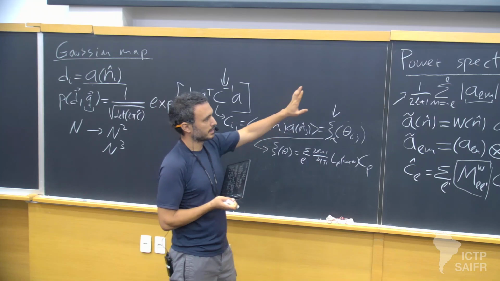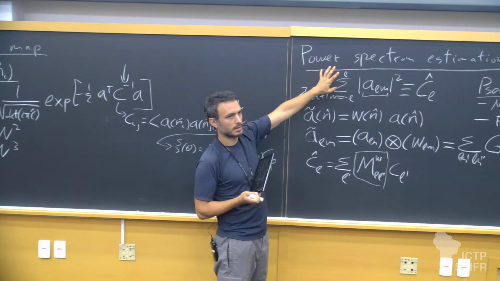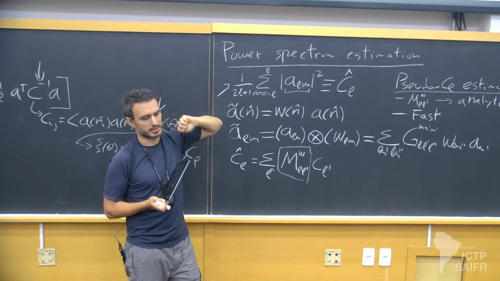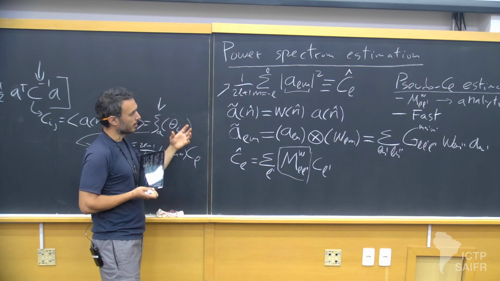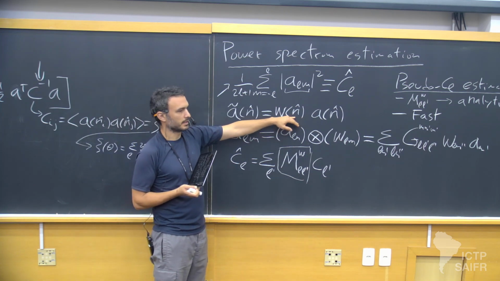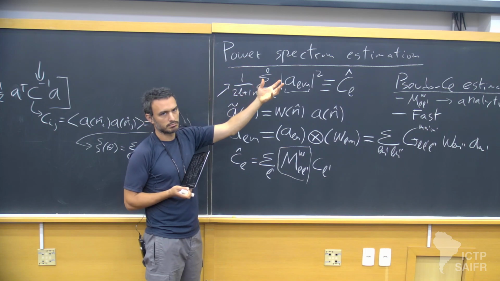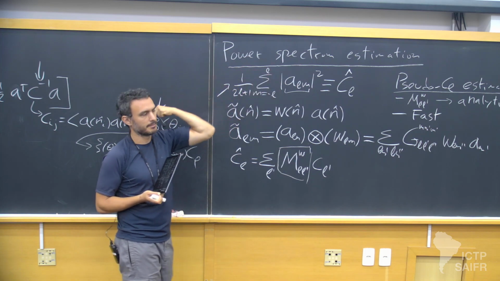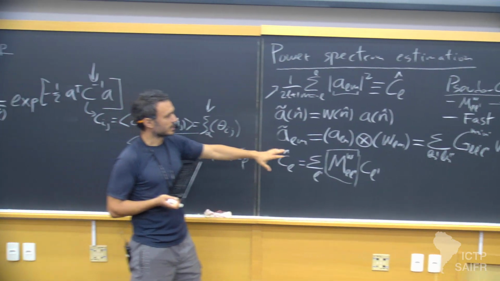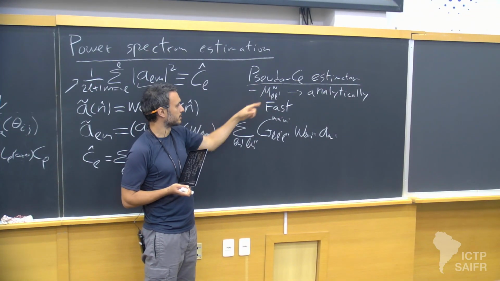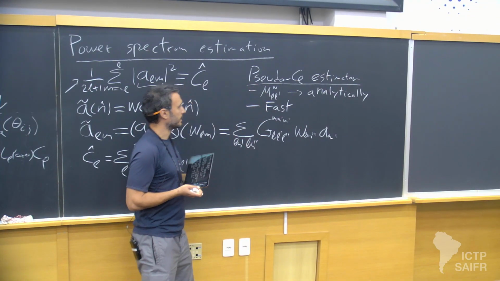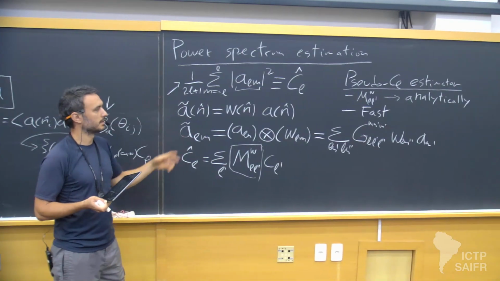So this is one of the ways in which we estimate power spectra for real data. The main complication is accounting for the mode coupling due to incomplete observations of the sky. Okay, and I haven't written any equations as to what this mode coupling matrix looks like, but those expressions exist.